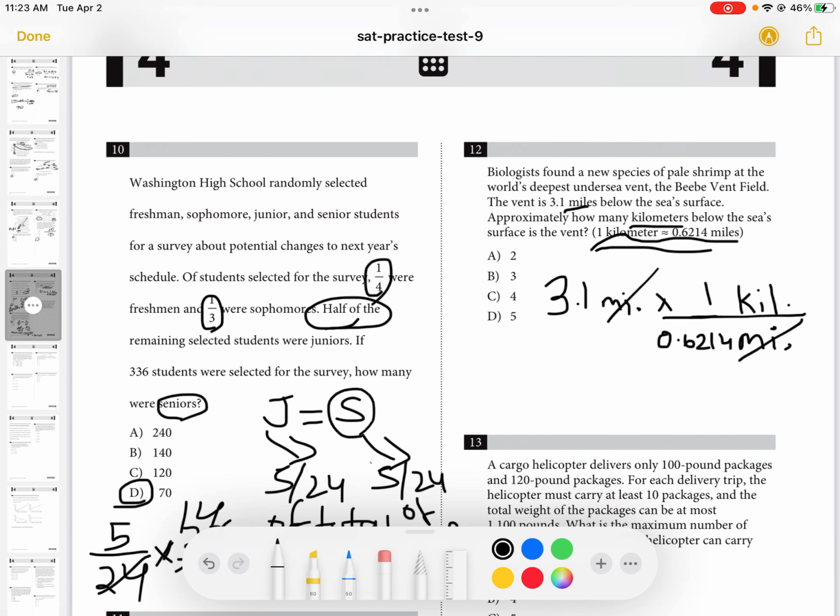Miles cancel, and we're just given that the number of kilometers is 3.1 over 0.6214. And when we plug that into our calculator, I'm going to do that really quickly. 3.1 divided by 0.6214. It's about 4.989, and that's about 5 kilometers. So D. Next question.